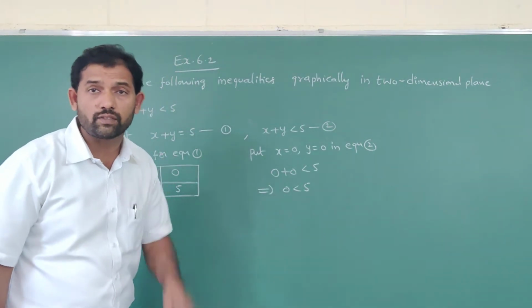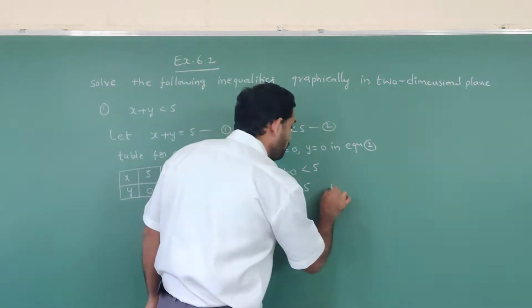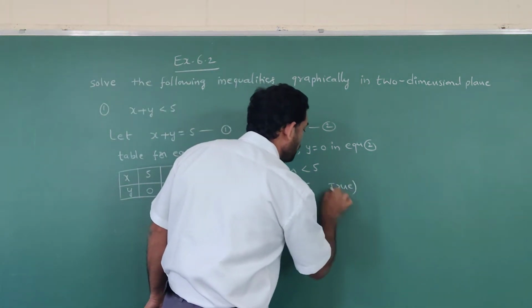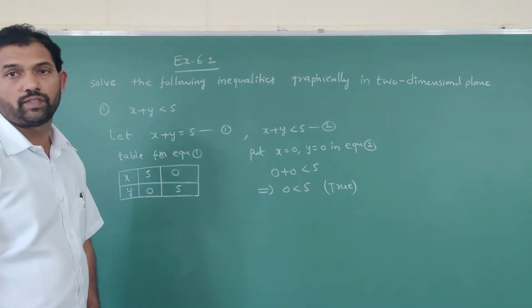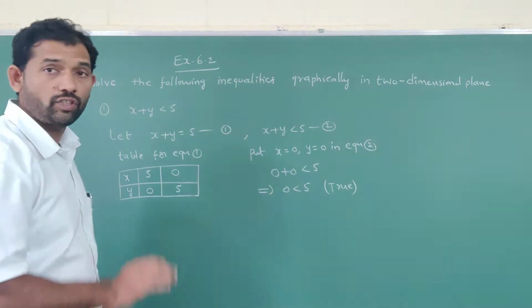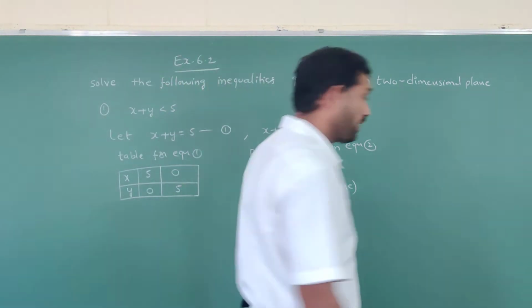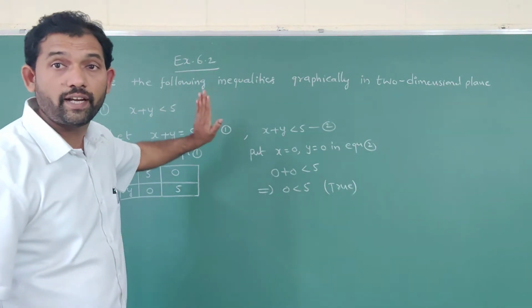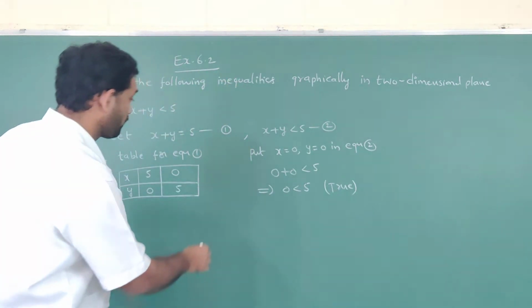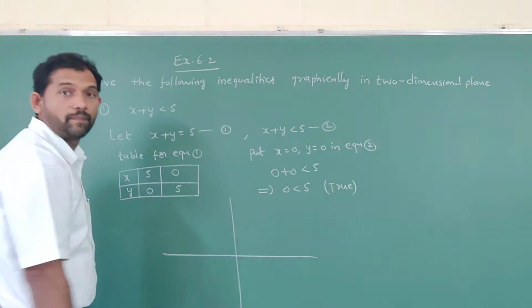Is it true or false? 0 less than 5 is true. Correct? So remember this point. Now take the graph paper.